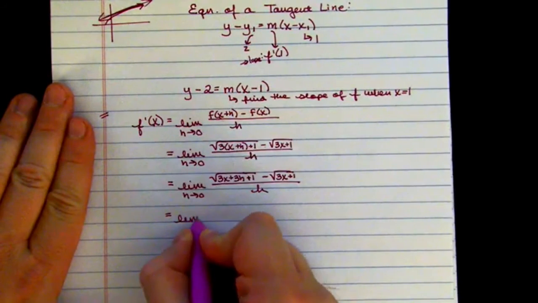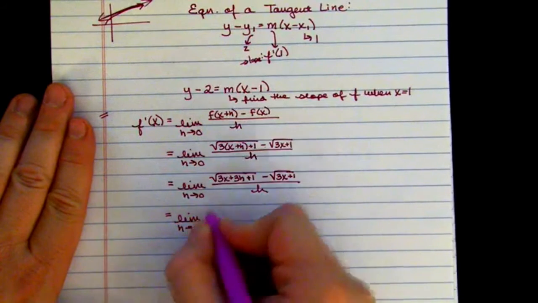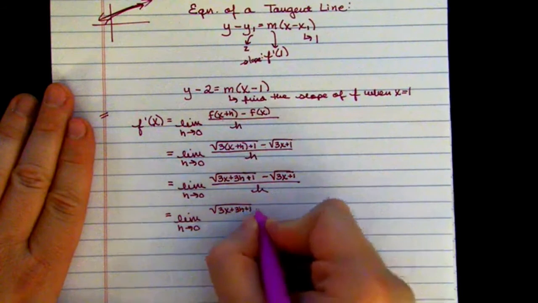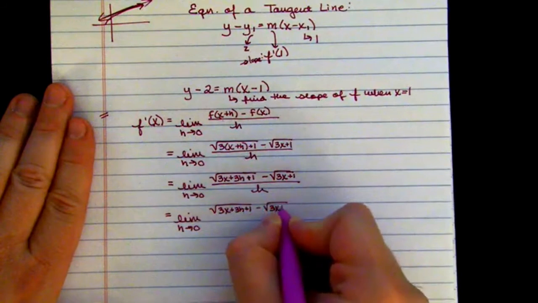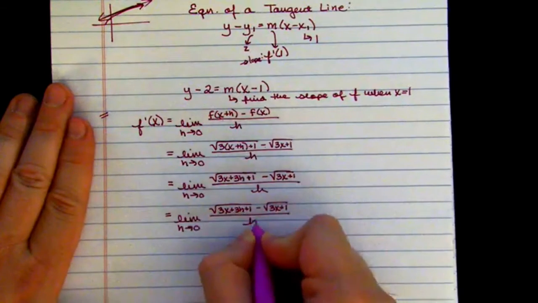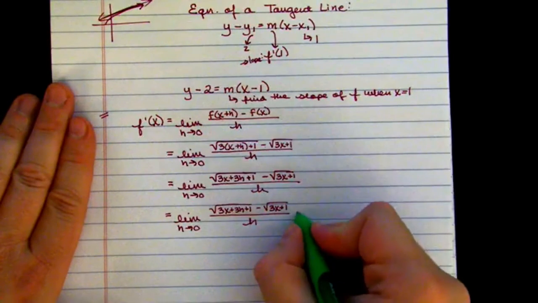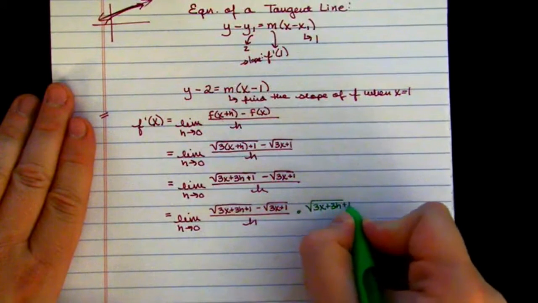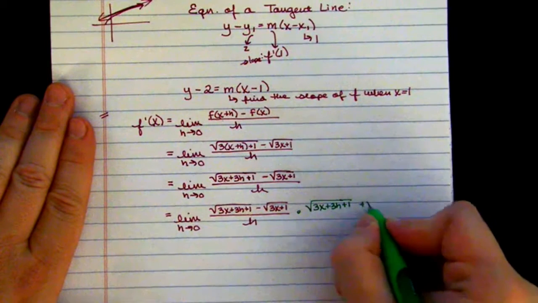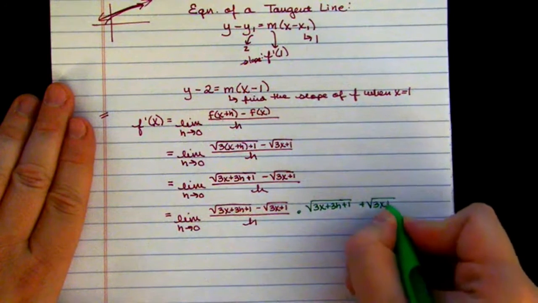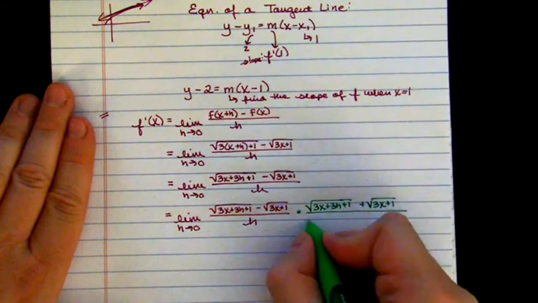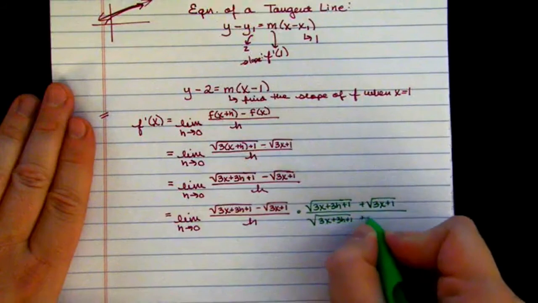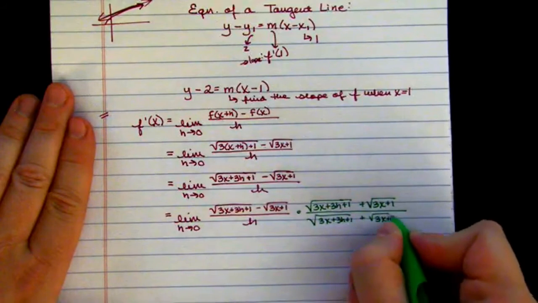I'm going to multiply the numerator and denominator by the square root of 3x plus 3h plus 1 plus the square root of 3x plus 1. I'm multiplying by the conjugate of what I had.